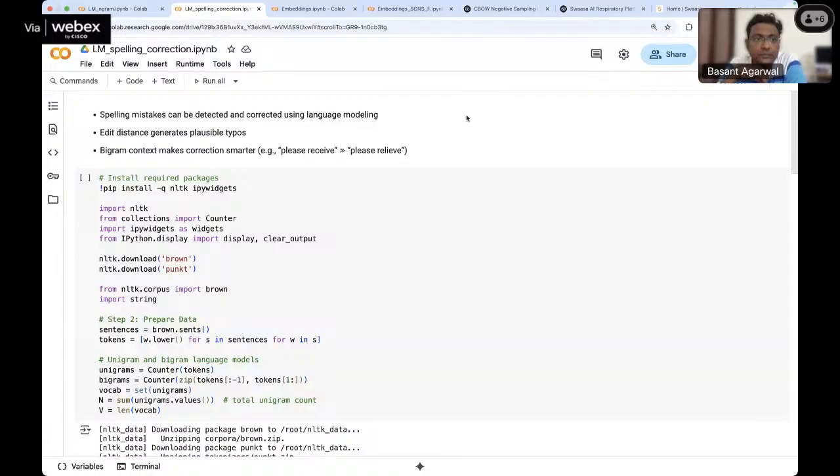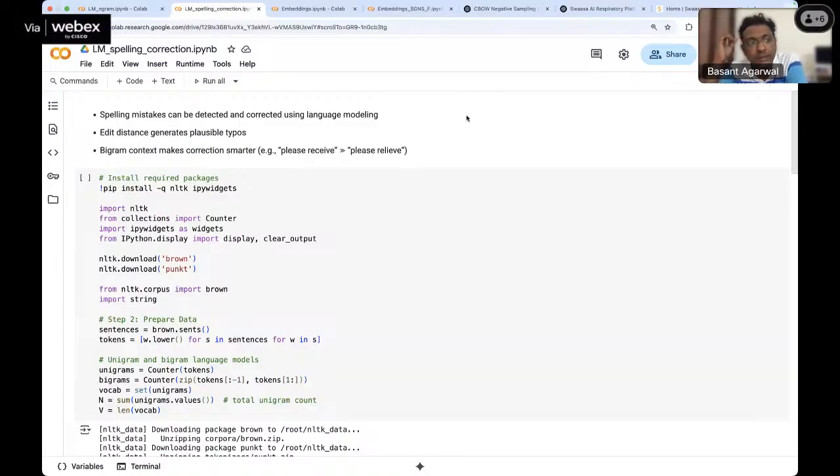For this, given any word, with the help of the edit distance algorithm, we generate different variations of the word, and then we compute the probability of that particular word in the corpus using the language model. If a misspelled word is there, the language model will give it a very low probability. Okay, so that is the idea.